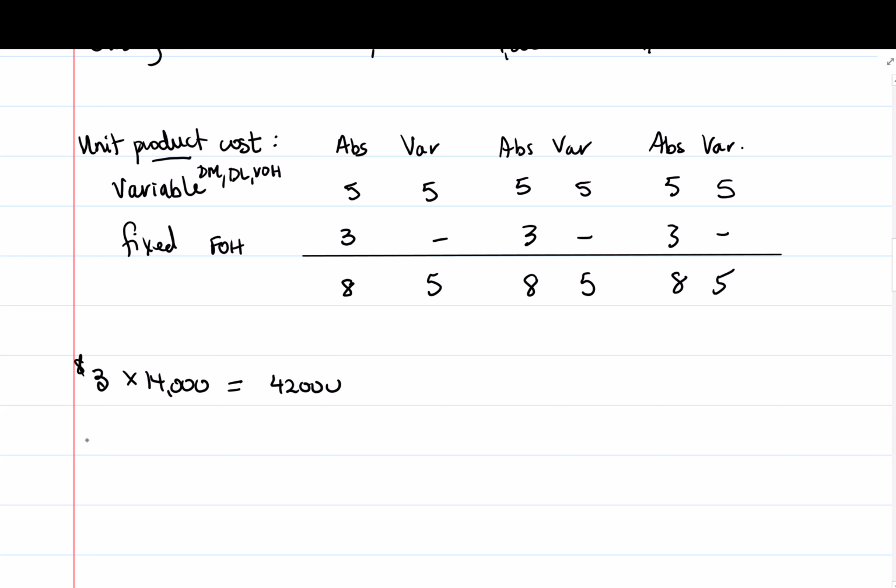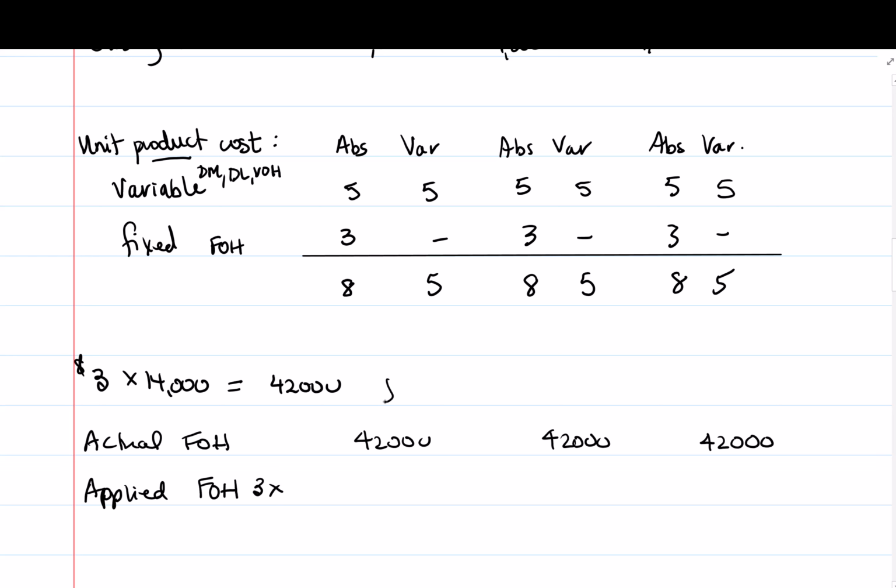If you're looking at actual fixed overhead compared to applied fixed overhead each month, the actual is going to be the $42,000. The applied will be based on number of units produced every month. So we are applying based on this $3.